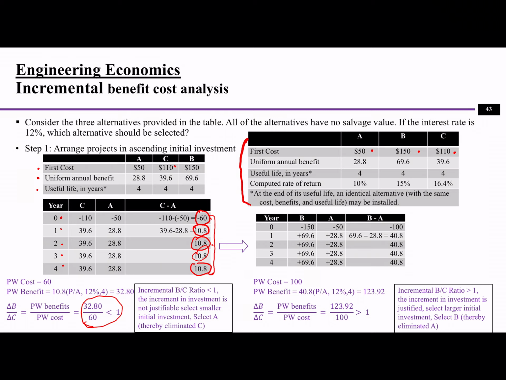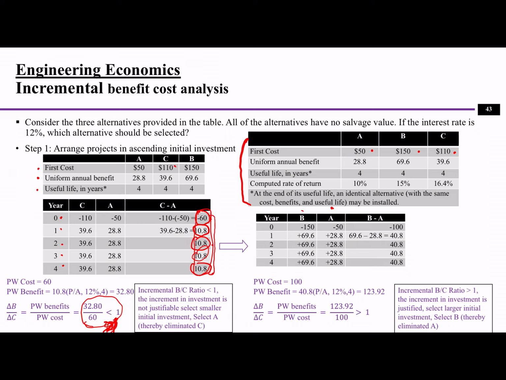That means C should be eliminated, because C minus A doesn't work, meaning A is generating more value here. So A is preferred compared to C. If it were bigger than 1, C would be preferred over A.